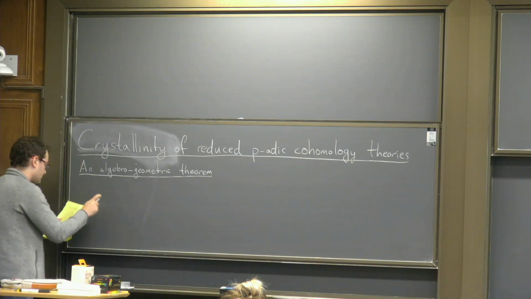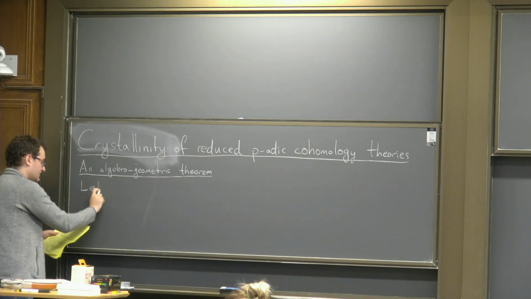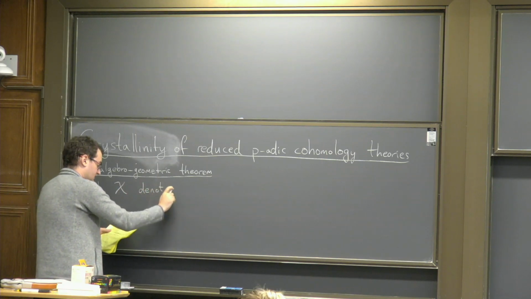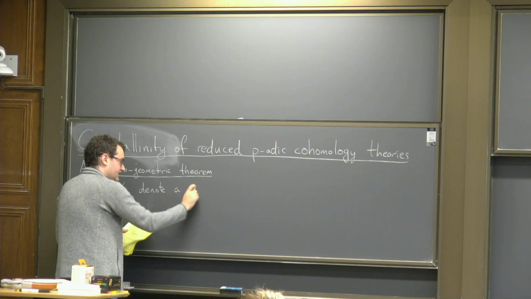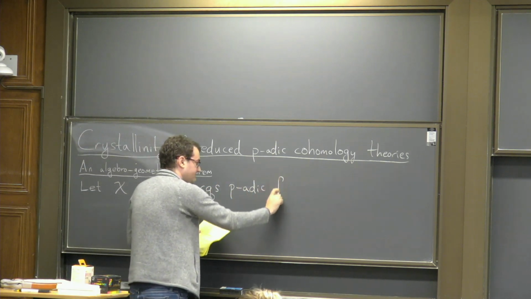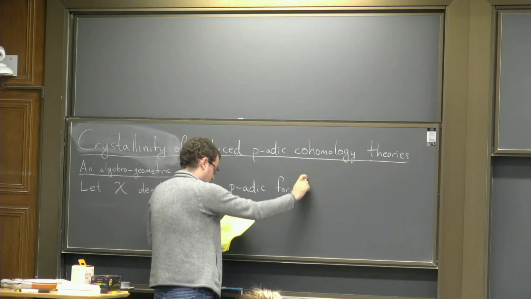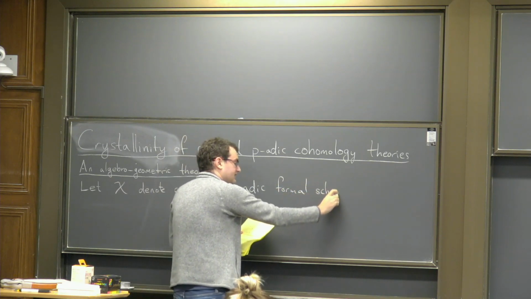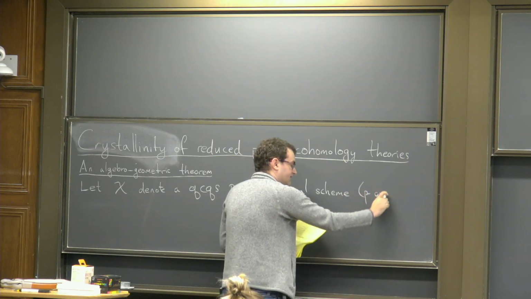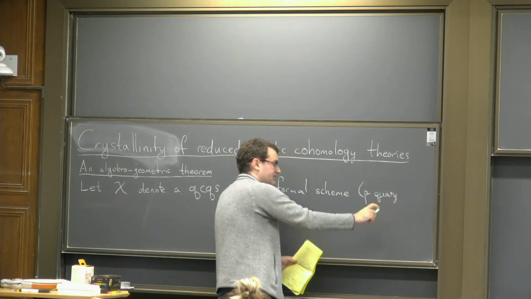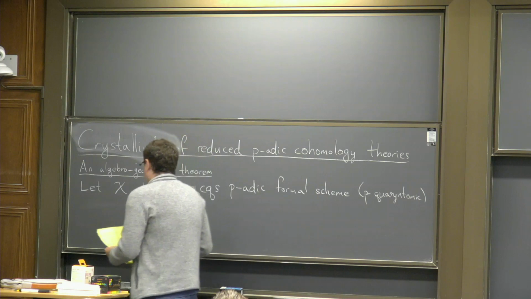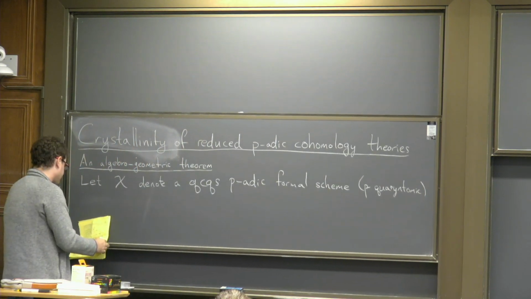But I want to start with a situation where we have a QCQS p-adic formal scheme. And let's say that it is p-quasi-syntomic, which is some niceness condition, something like smoothness or LCI, but just a nice p-adic formal scheme.